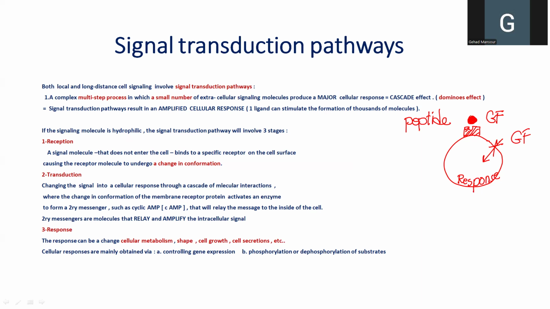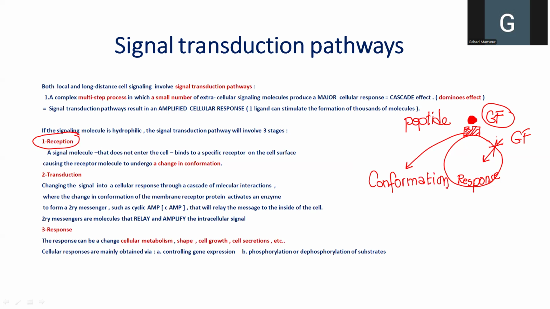So what happens is that this signaling molecule, the growth factor, will bind with a receptor on the cell membrane. And this is the first stage, that is reception. And when reception occurs, there will be changes in the receptor, changes in shape or in the conformation of the receptor.